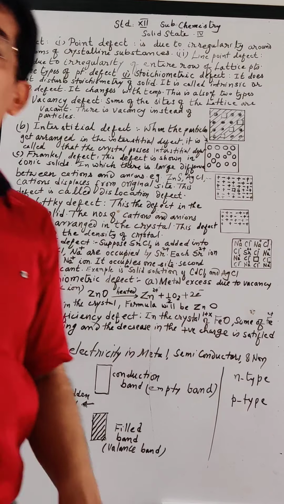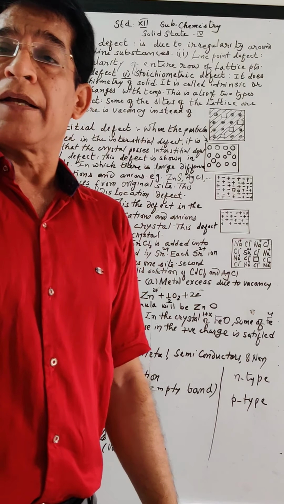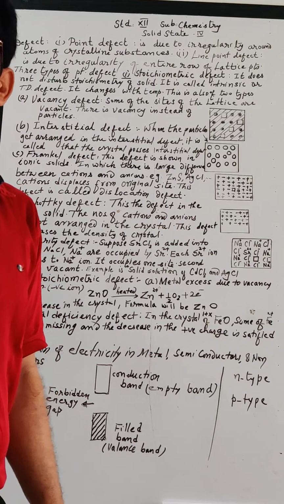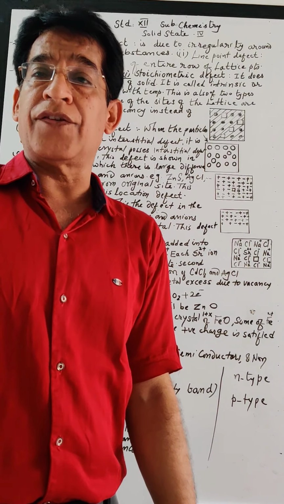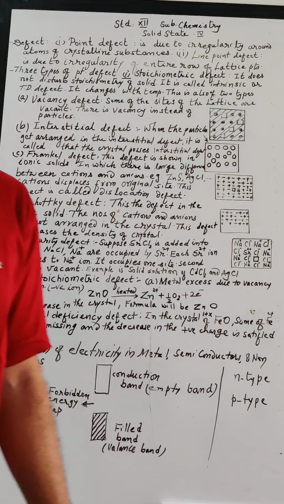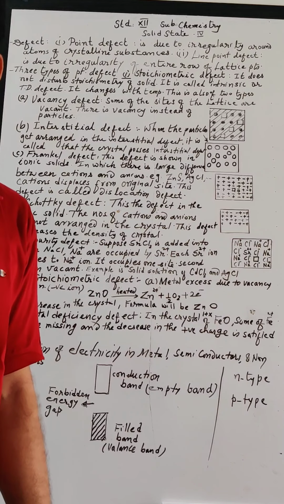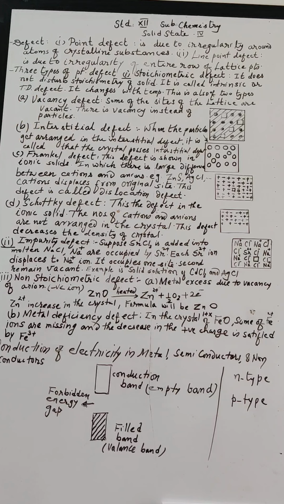If boron, aluminum or gallium are doped with silicon and germanium, there will be a deficiency of electrons. Such doped semiconductors are called positive type semiconductors, meaning P-type semiconductors.